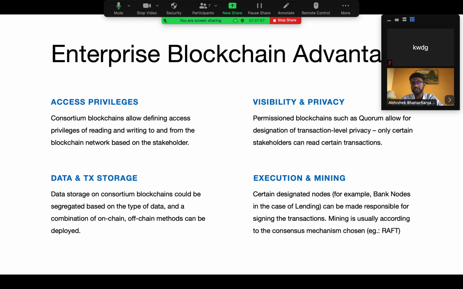In the case of permission blockchains, that is just not the case. The motivation can be anything apart from economic, such as better business processes, reduction in the time taken to deliver a service, and so on. It might get a bit complex, but that is how it is. I'm trying to make it as clear as possible, and if there are questions, I'm happy to take them up. But that is a critical difference between public and permission blockchains.